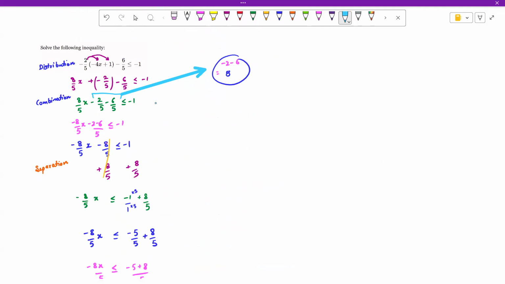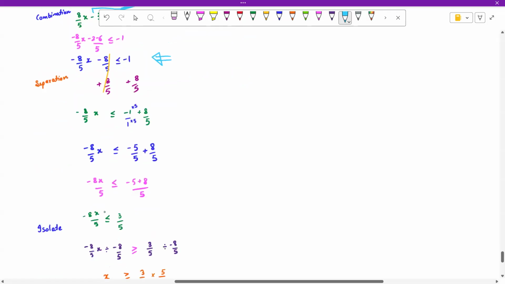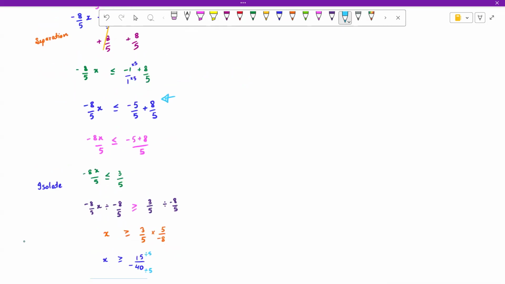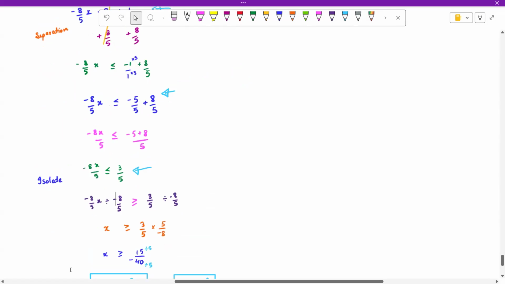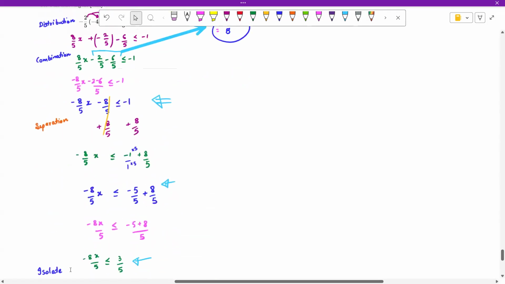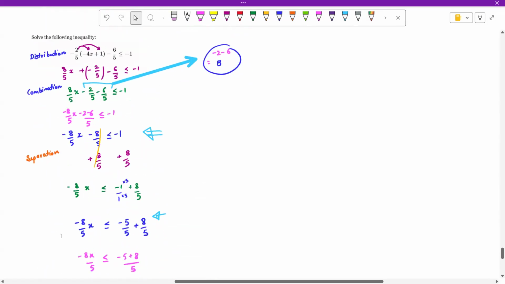After that, we did the separation. After separation, we solved the fraction parts, and then we isolated our variable and solved it. That's all. You can review it, and if there is any question, let me know.